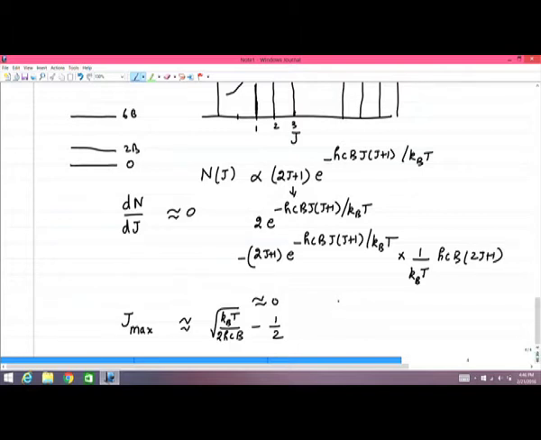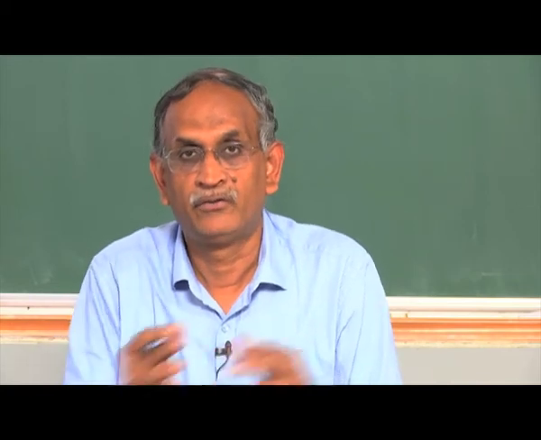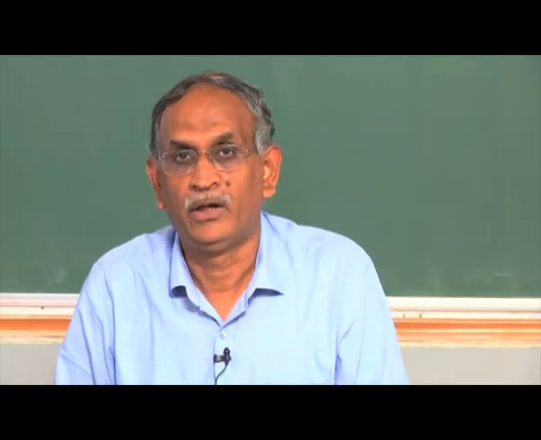So you can see immediately that it is 2 minus (2J plus 1) whole square into hcB by kBT equal to 0, and that gives you the solution. That is the J max, the value of J at which the population peaks. Therefore, microwave intensities actually peak for some middle value of J, starting from J equal to 0 to some other value of J.